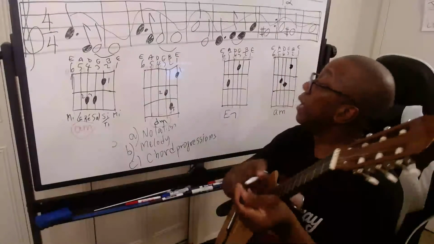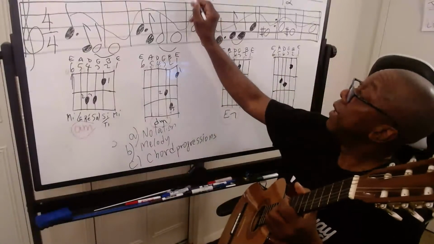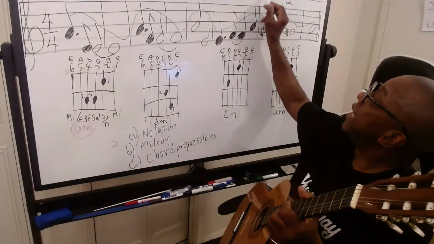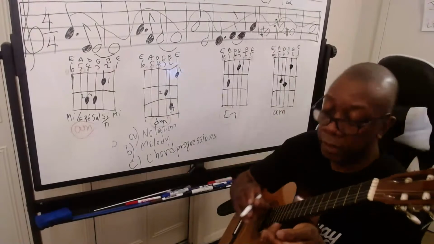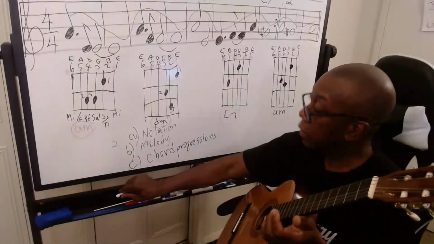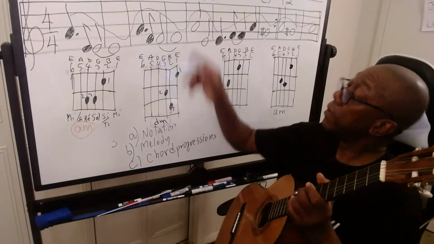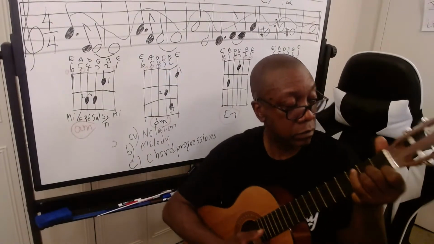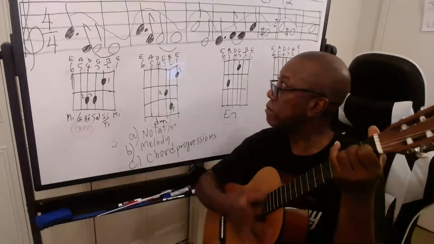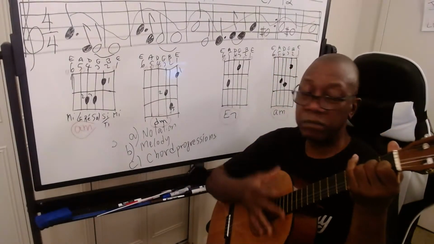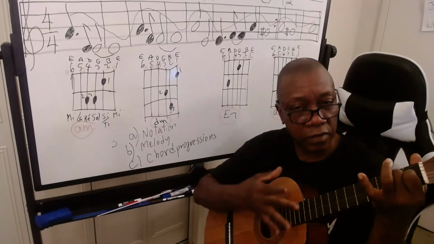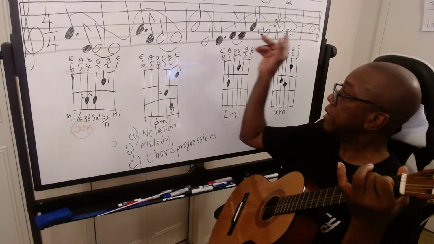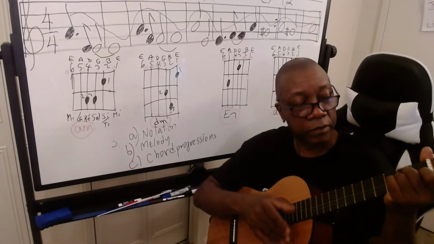It goes back to A minor. Then here we have the E7. Okay. So we have the back to A. Then the E7 goes back to A minor.